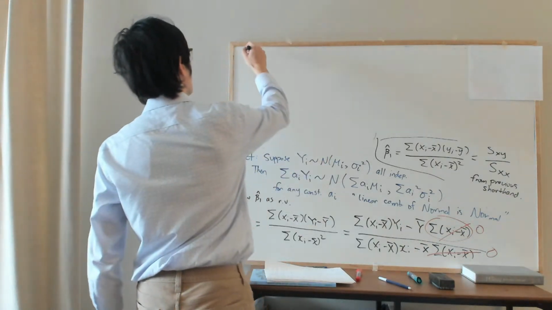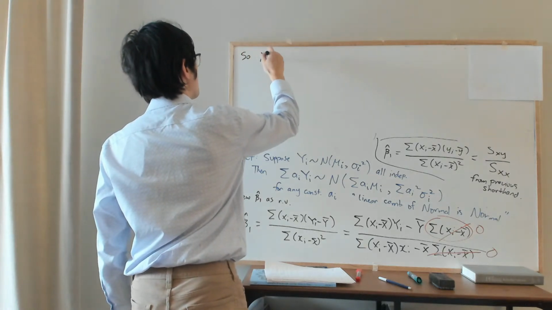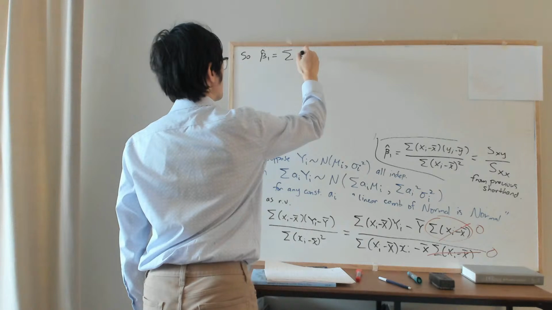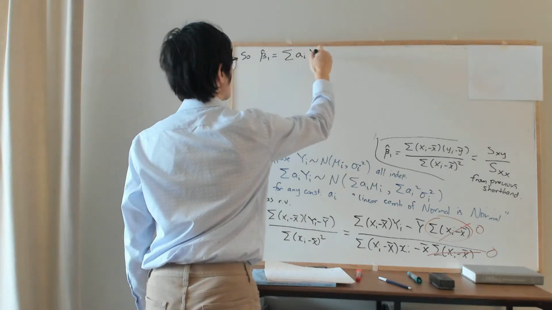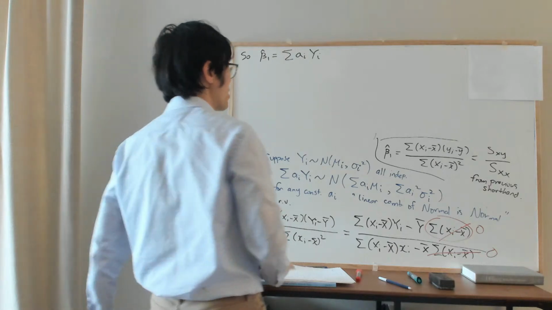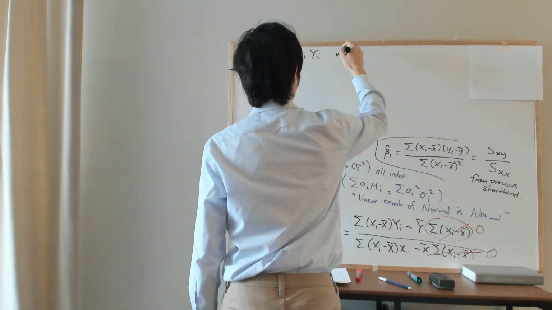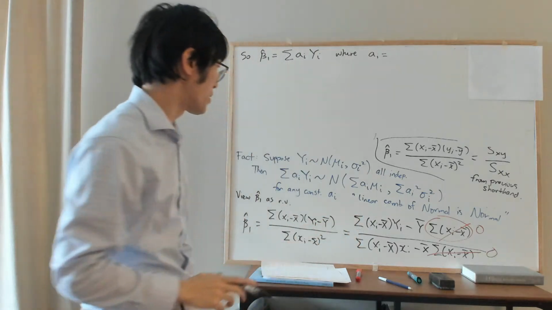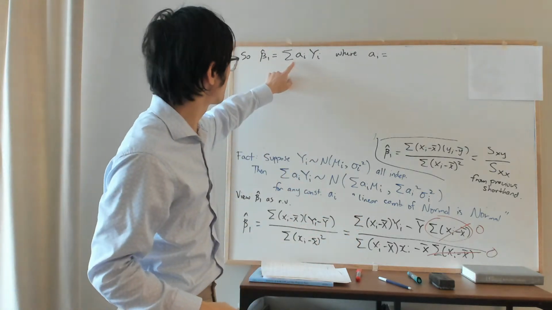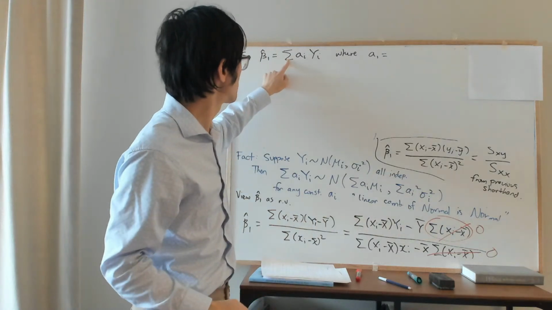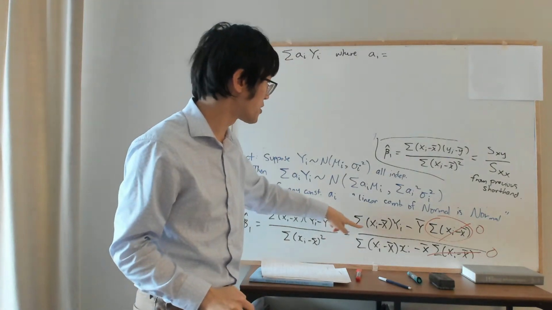Okay, so in other words, we have already shown now that beta 1 hat can be written as the summation of a bunch of constants times the yi's, which is what allows us to apply this fact. So what are the constants? We have to look a little carefully here. What do we need to plug in for ai? We have a summation of something times yi. So what is this thing?